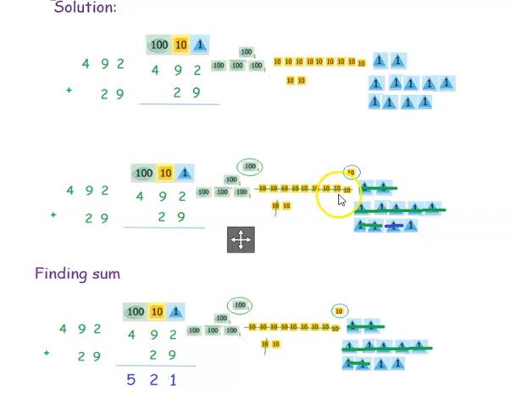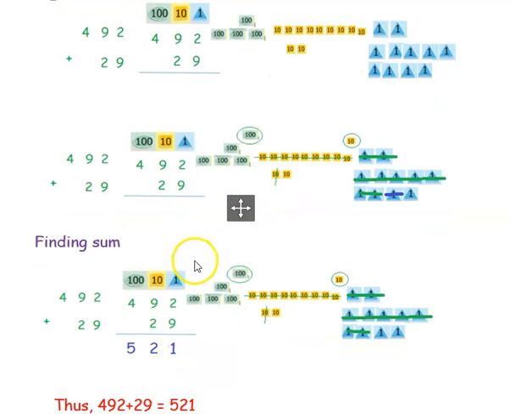So now I have struck out 10 tens and I have added 1 hundred in the hundreds column. You understood? So I have struck out 10 ones and added 1 ten, and I have struck out 10 tens and added 1 hundred.